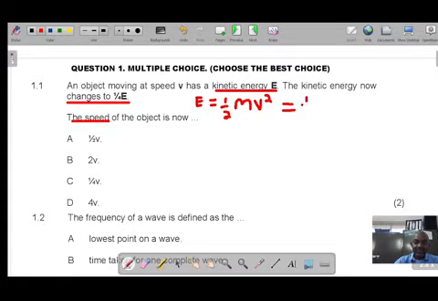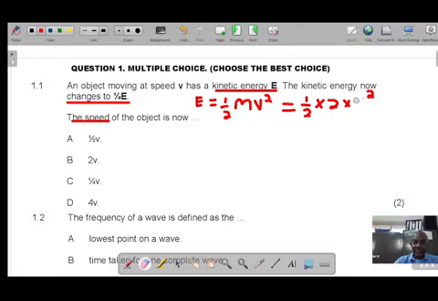It is a half times the mass which we have set, which is 2, times v squared. Let our v initial be 4.